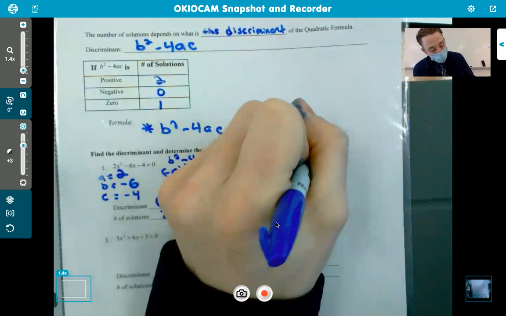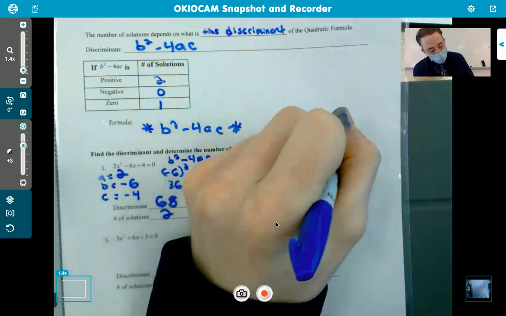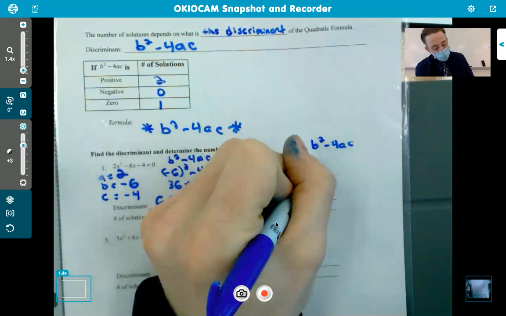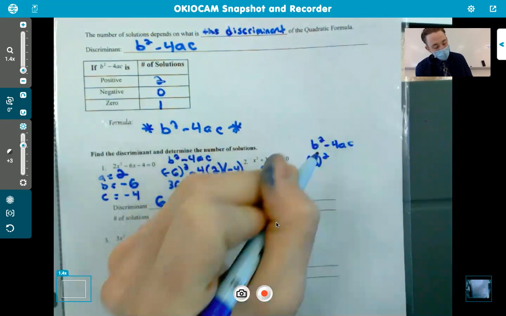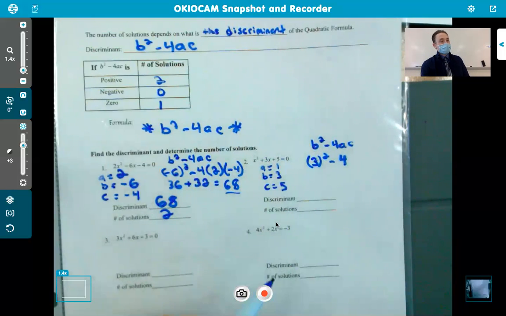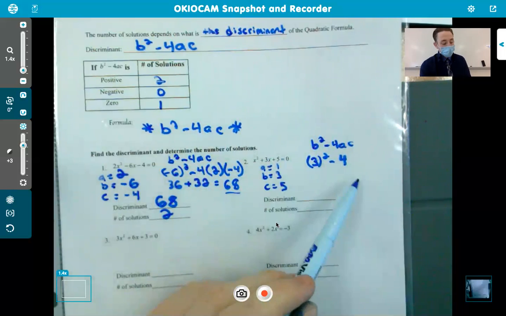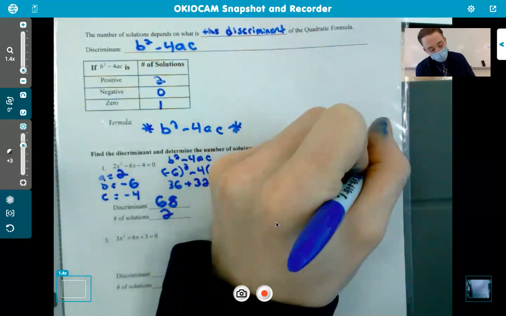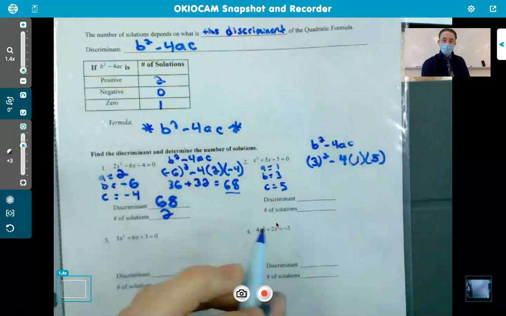Take those and plug them into my discriminant formula. B squared is going to be 3 squared minus 4 times, how would I finish that line there? Times 1 and 5. Good.